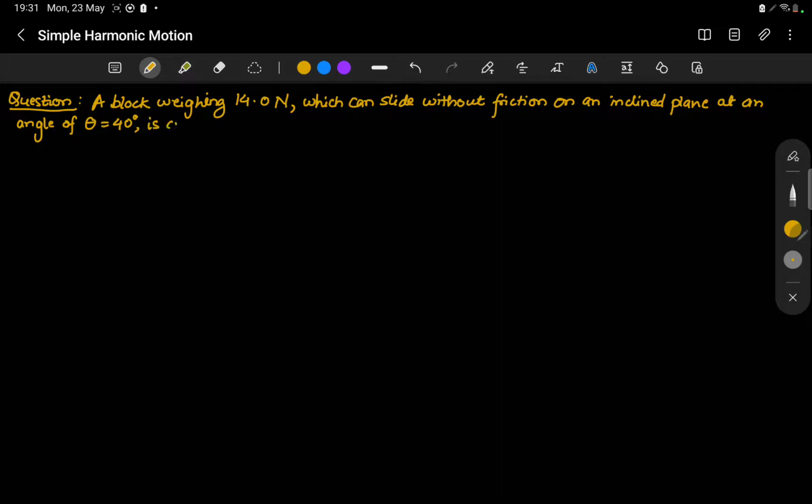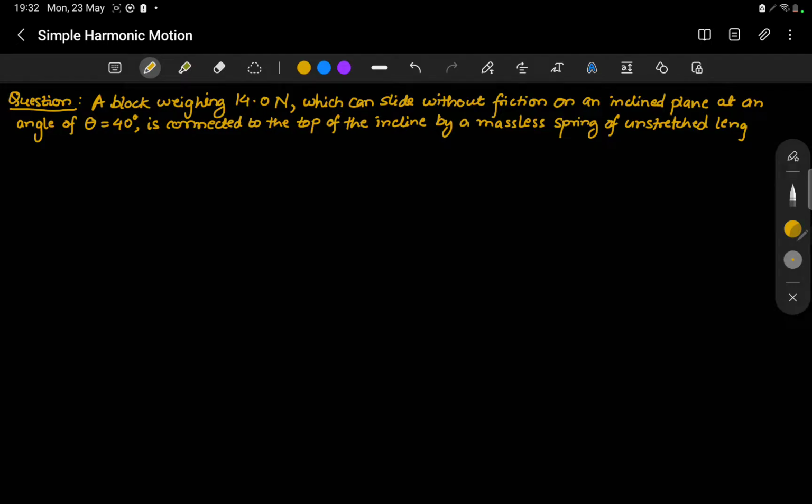So this block is connected to the top of the incline by a massless spring of unstretched length.